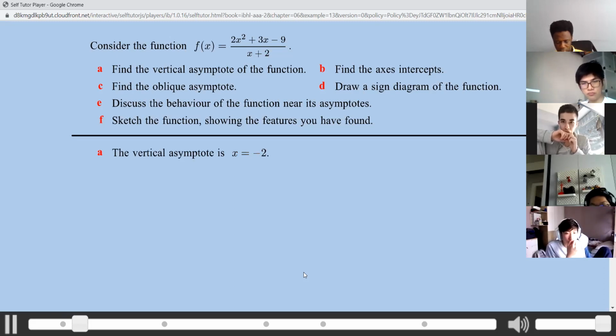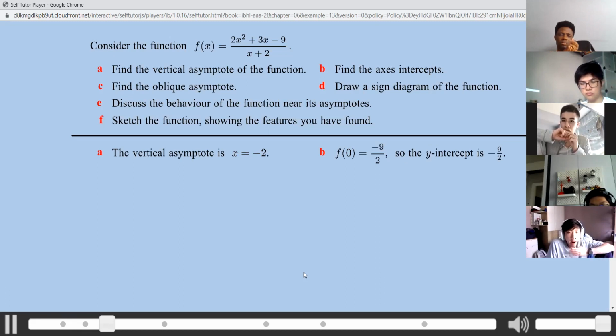So, x equals -2 is the vertical asymptote. We find the y-intercept by substituting x equals 0. In both the numerator and denominator, the only non-zero terms are the constants. So, the y-intercept is -9 over 2.